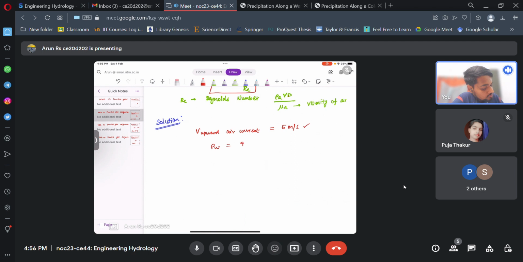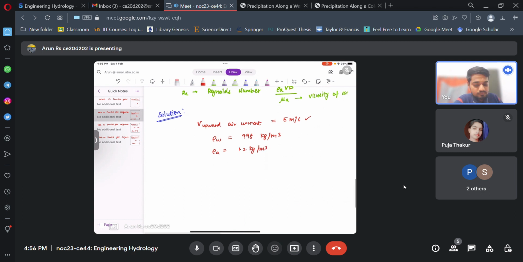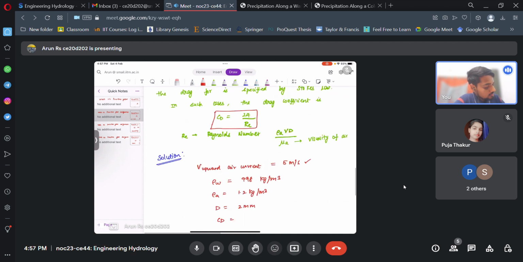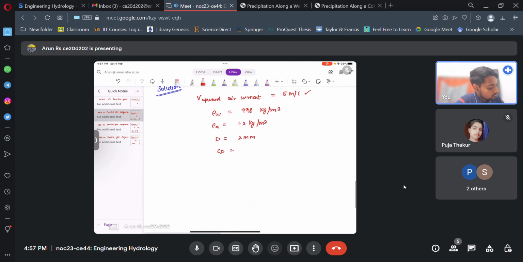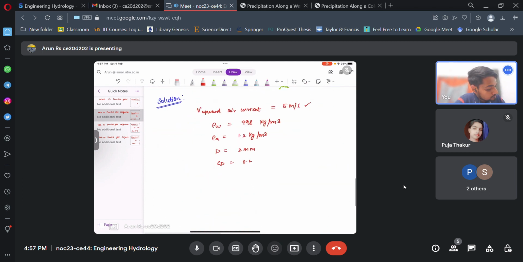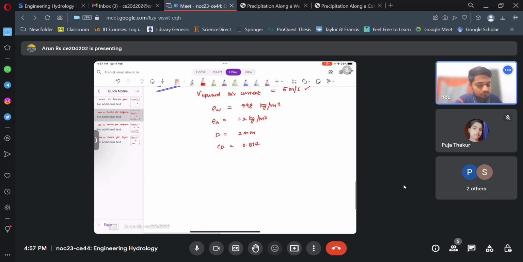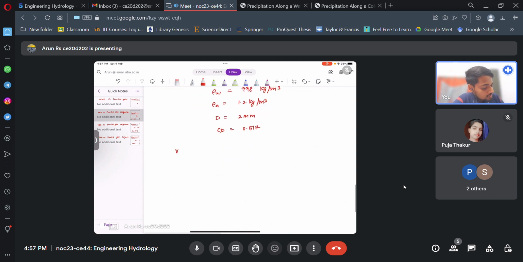Density of water is 998 kg per meter cube, and your density of air is 1.2 kg per meter cube, and diameter is 2 mm, and coefficient of drag we took out from this table as 0.517. So it is just a direct substitution.